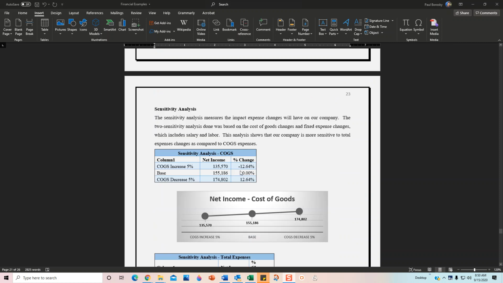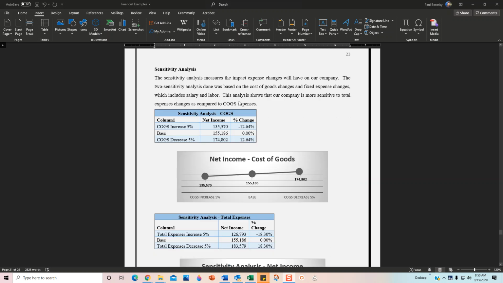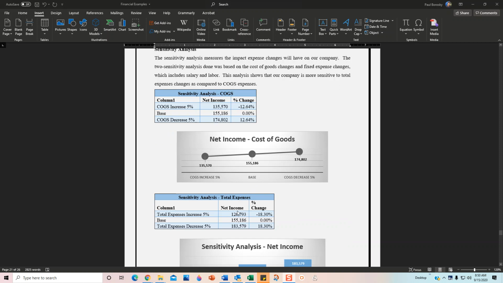With that done, I then do a sensitivity analysis as well. The sensitivity analysis will focus on cost of goods and total expenses. The whole purpose of your sensitivity analysis is to determine which cost is going to most impact your organization. Is it going to be your cost of goods, or is it going to be your operations cost?